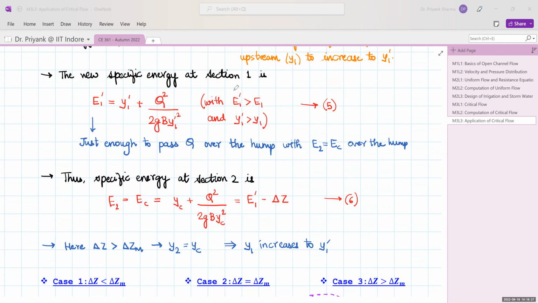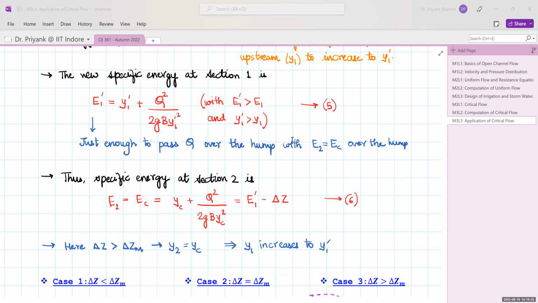This E1 dash is just enough to pass the discharge over the hump where the critical flow conditions happen. So again at section 2, you have critical flow condition. So E2 is equal to Ec, that is equal to Yc plus Q square upon 2g B square Yc square, that is E1 dash minus delta Z. So what we see in the third case, when your delta Z is greater than delta Zm, is that at section 2 you have critical depth, but at section 1 your depth changes, or rather increases, to Y1 dash.